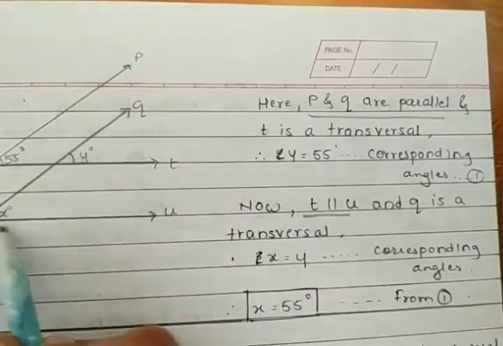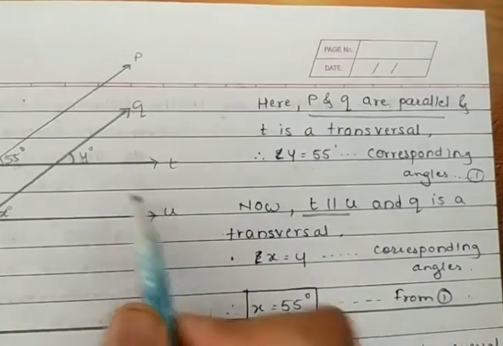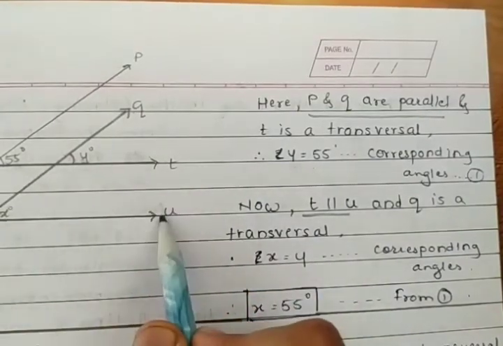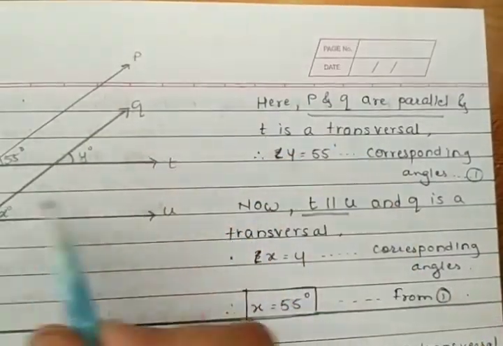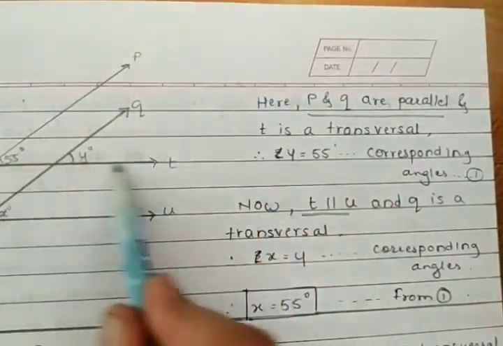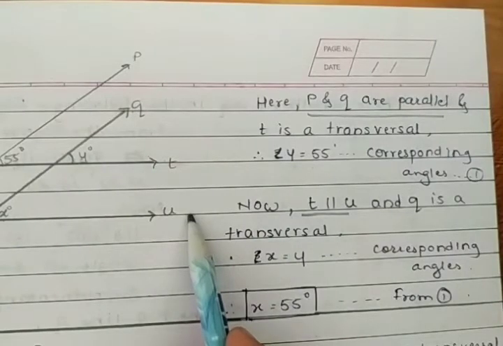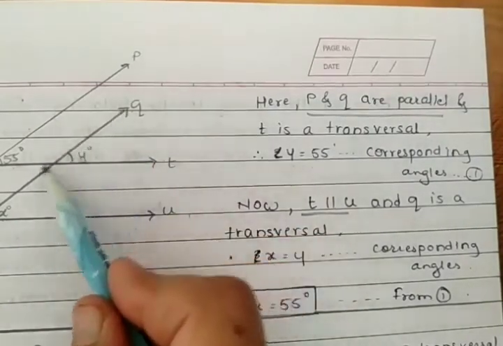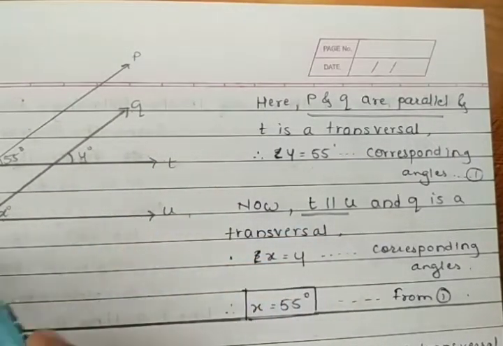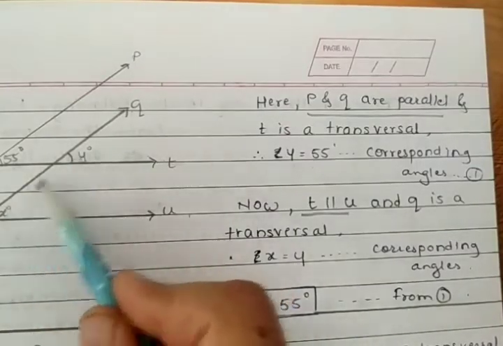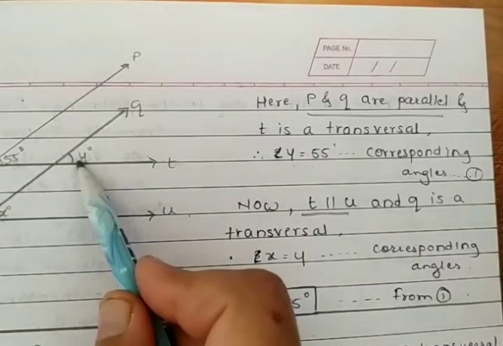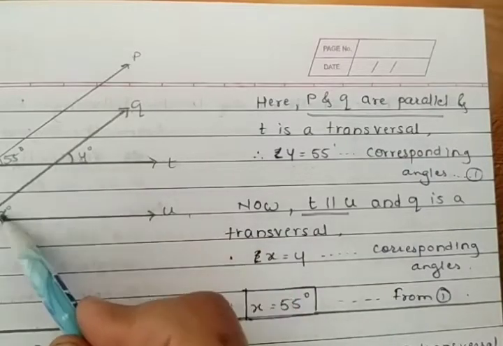Now we'll see the second pair, T parallel U, and Q is your transversal. This line Q can be considered a transversal because these two lines are parallel. If you observe these two angles neatly, these are also corresponding angles, and we know the properties of parallel lines, so these two are equal.